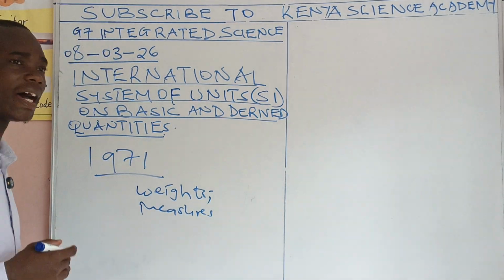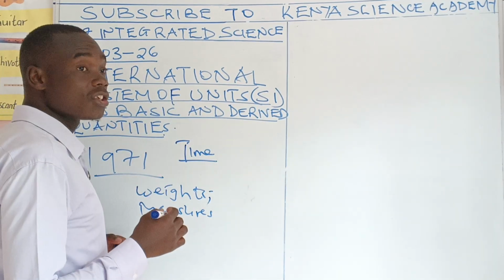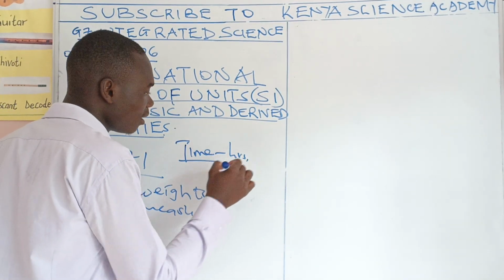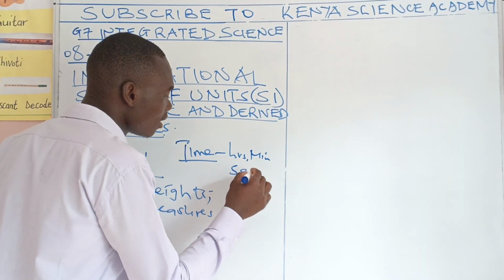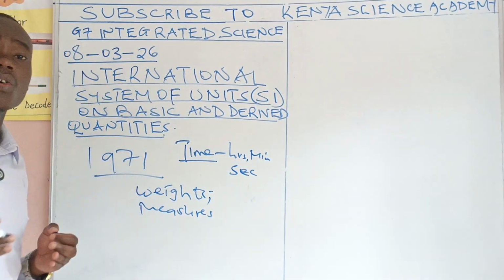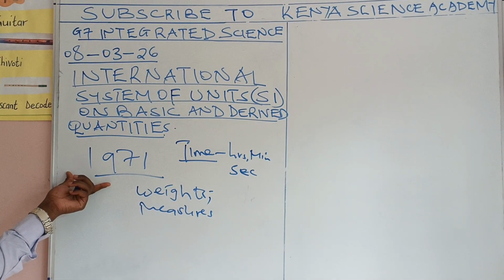For example, time. We realize that time is measured in hours, also in minutes, and lastly in seconds. So there's some group of scientists who sat down in 1971, the fourth conference they had.